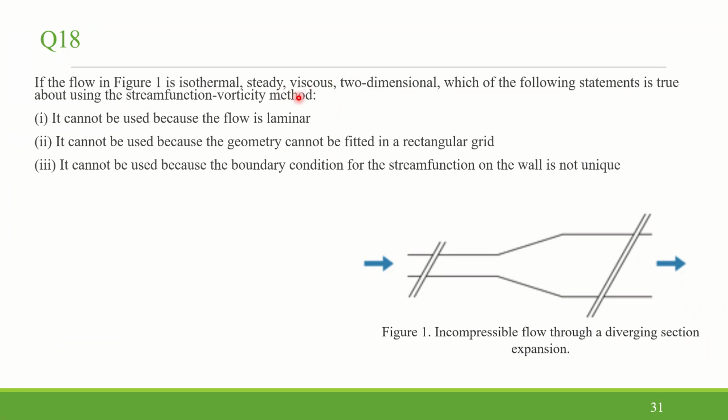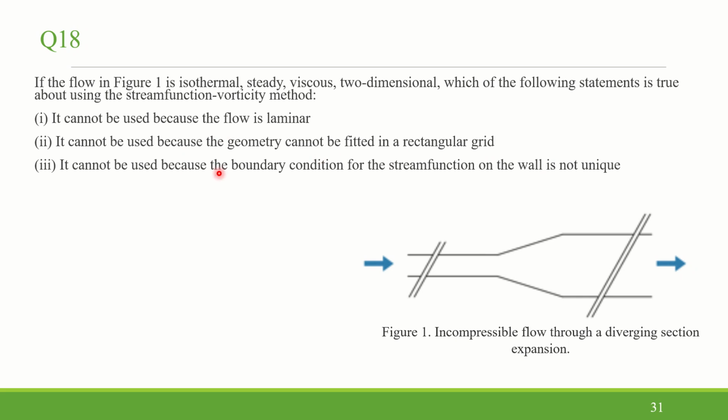So now we need to identify if any statements are true. First one: it cannot be used because the flow is laminar. This is a false statement, because the stream function vorticity method can be used even though the flow is laminar. Second one: it cannot be used because the geometry cannot be fitted in a rectangular grid. Again, this is false, because the geometry can be fitted in a rectangular grid since it is a two-dimensional system.